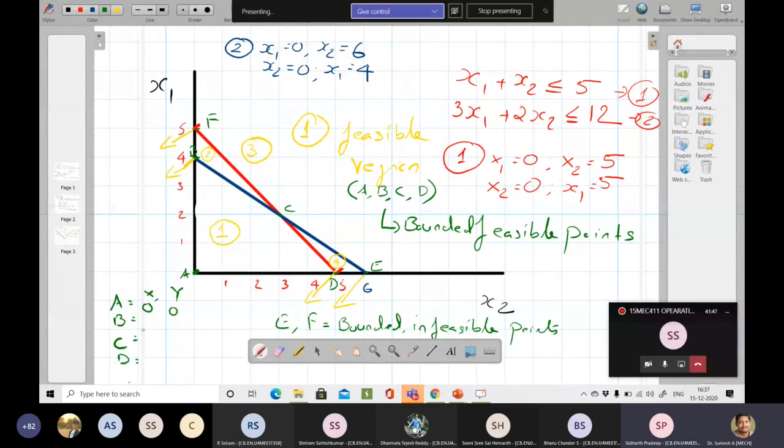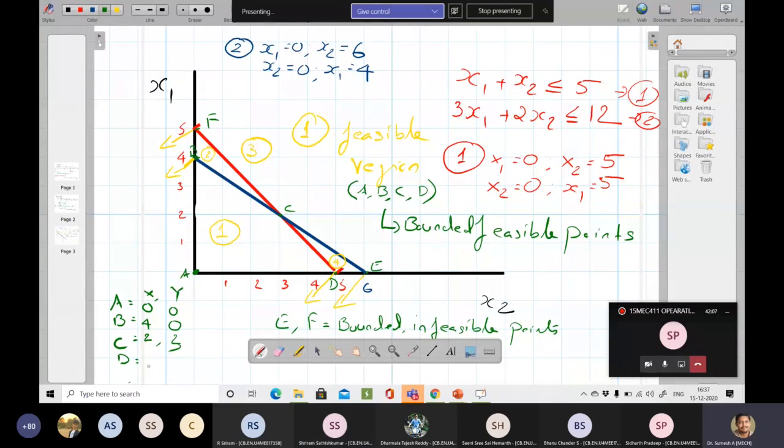Coordinate of C? C is 2, 3. Sir, is it X comma Y, or X1 comma X2?